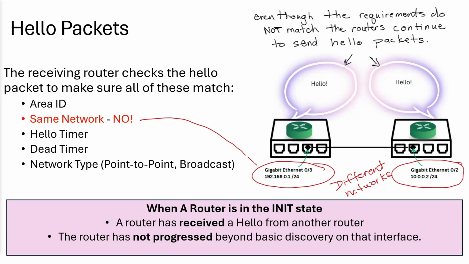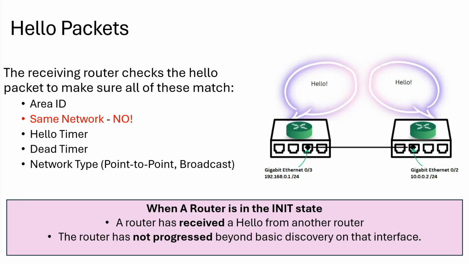However, the routers do continue sending hello packets out of their OSPF-enabled interfaces. In a point-to-point OSPF network, those hello packets are sent to the multicast address what? If you answered 224.0.0.5, also known as all SPF routers, you are correct.